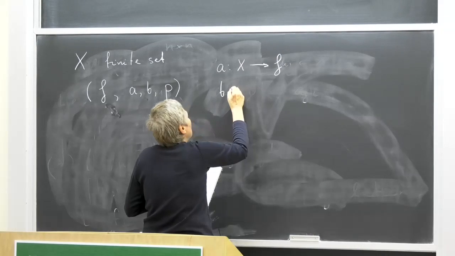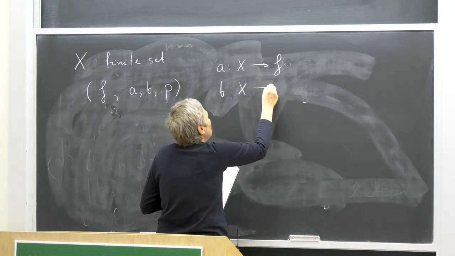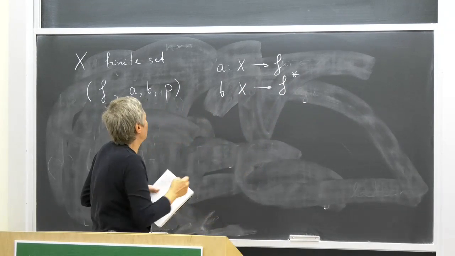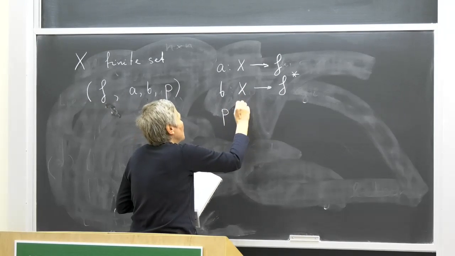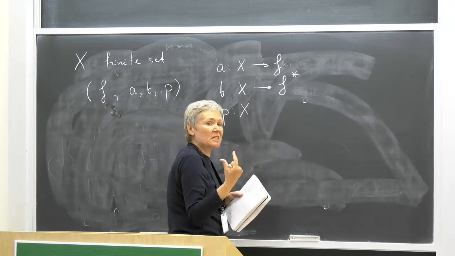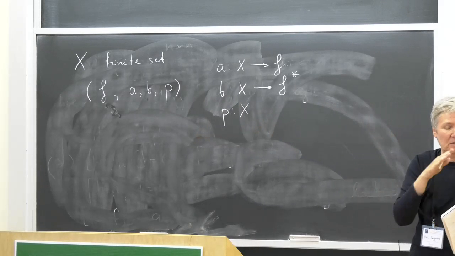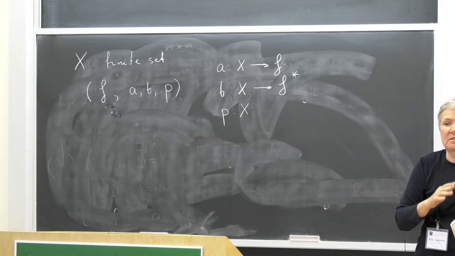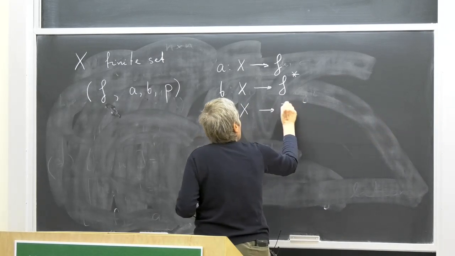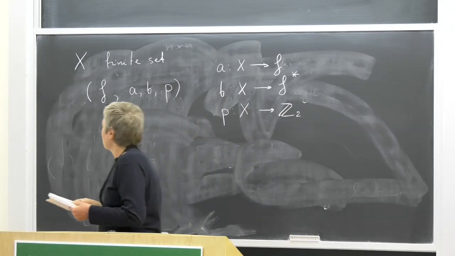B gives me the so-called co-roots. A gives me roots. And then I also have the parity map. Since I'm working in the super situation, I have to remember whether my generator is even or odd, but I should always remember that in this approach, Cartan subalgebras consist only of even elements. So this is a Z2 grading on the set of generators.